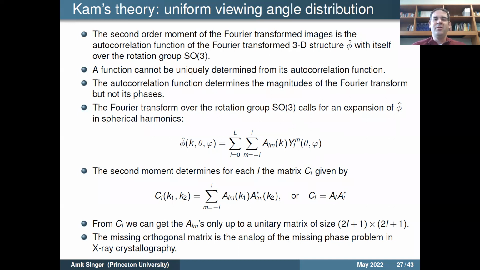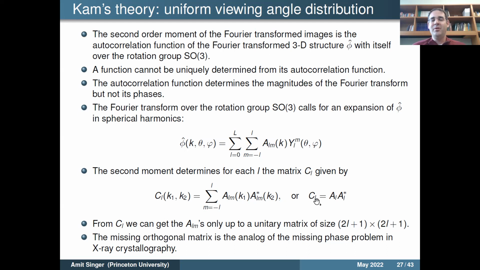Then from the second order moment, what you get are matrices called C_L. You can compute those from the data, and the way they are related to the unknown coefficients is by this equation. So C_L at k1, k2 is the sum over m from minus L to L, which is the m in the spherical harmonic expansion, so there are 2L plus 1 of these, of A_LM(k1) times A_LM(k2) complex conjugate.